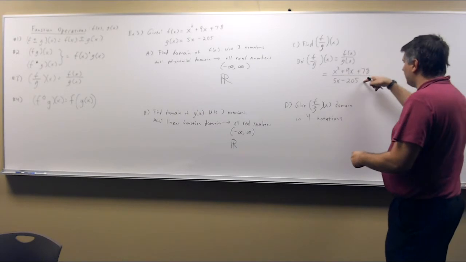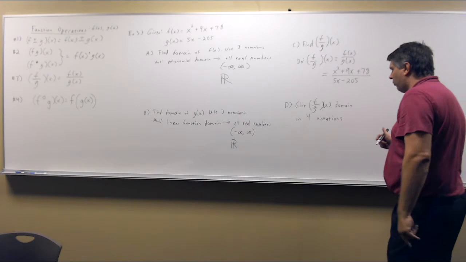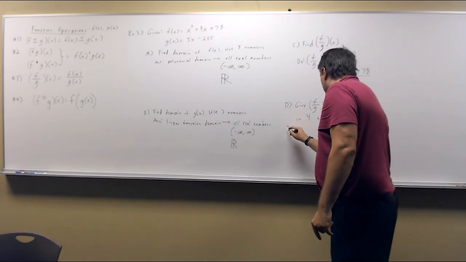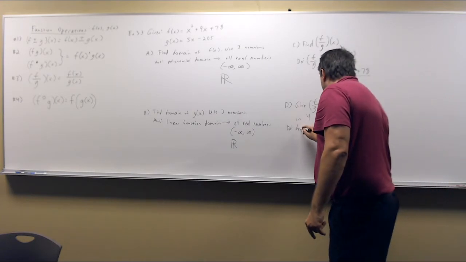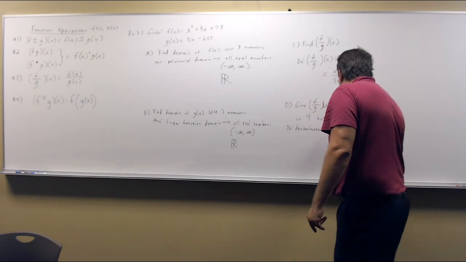The f of x over the g of x. Now this time it asks the domain in 4 notations. Do denominator cannot equal 0.